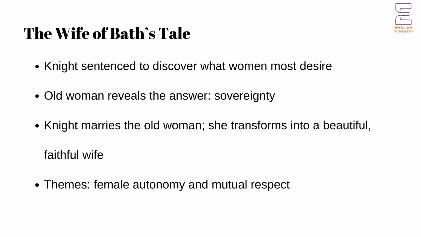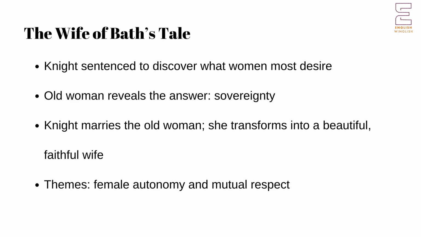The Wife of Bath's Tale. The Wife of Bath's Tale is a story about a knight who, after raping a maiden, is sentenced to discover what women most desire or face execution. He meets an old woman who promises to save his life if he agrees to marry her. She reveals that women desire sovereignty over their own lives and relationships.